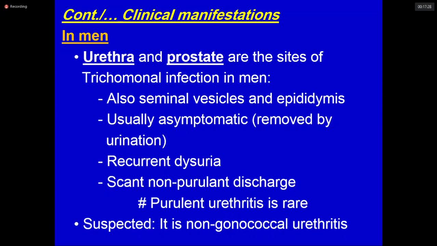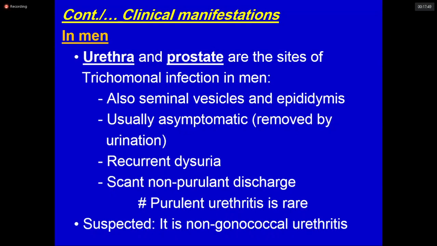And with the urine current, the parasite can be removed from the urethra. The patient may have recurrent dysuria when symptomatic, and a scanty purulent discharge. In males, a very small amount of non-purulent discharge.